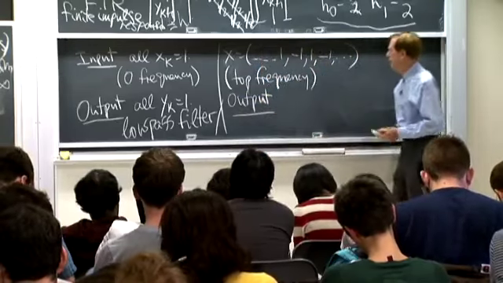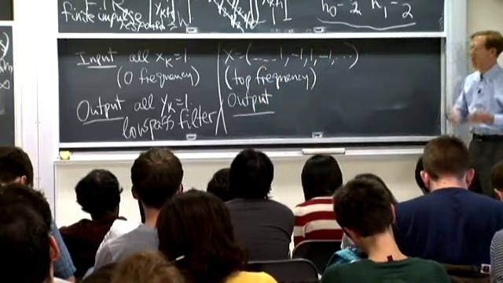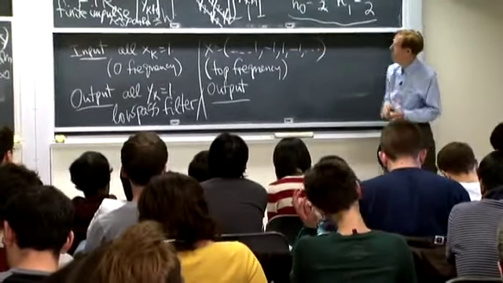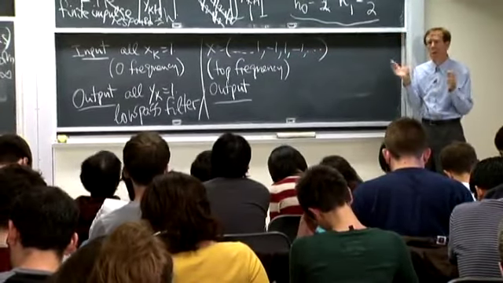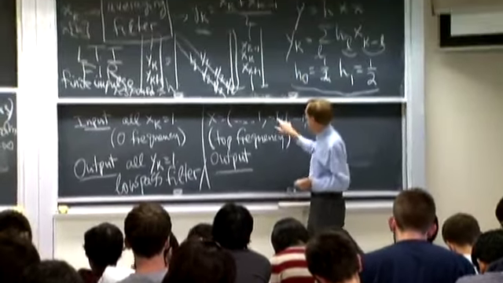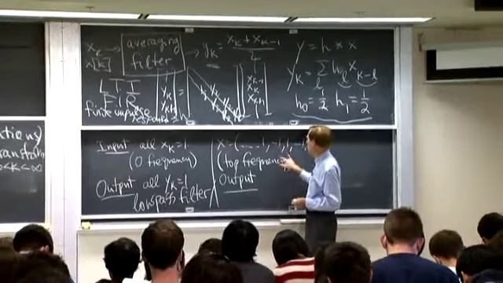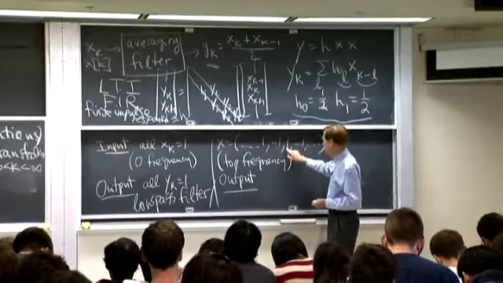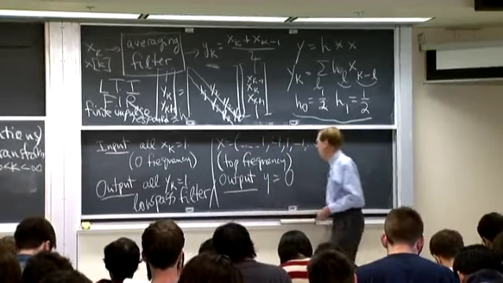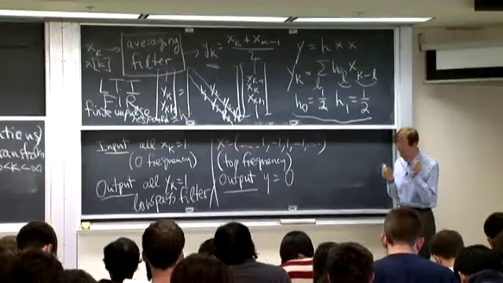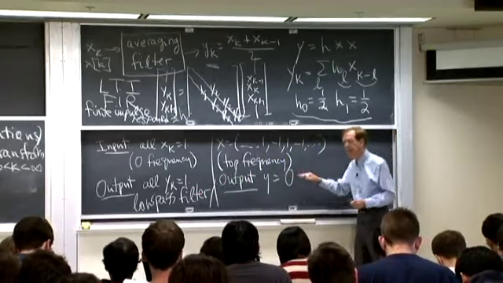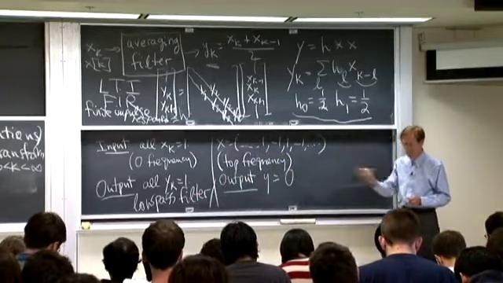That's the fastest oscillation. What would be the output from my averaging filter for this input? 0. At every step, I'm averaging this with the guy before, and they add to 0. Output is y equals all zeros. Okay, so that confirms in my mind that I have a low-pass filter. The high frequencies are getting wiped out.